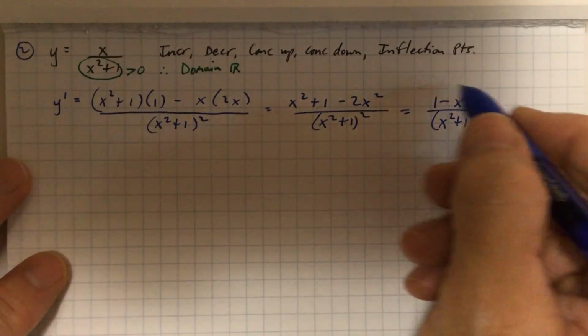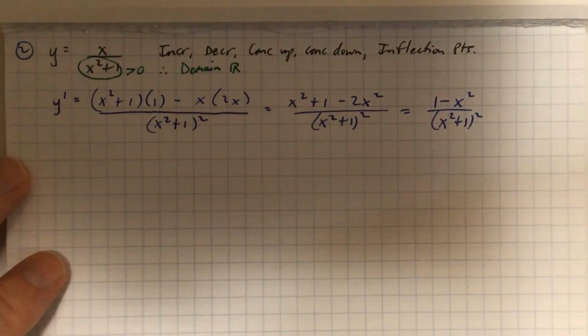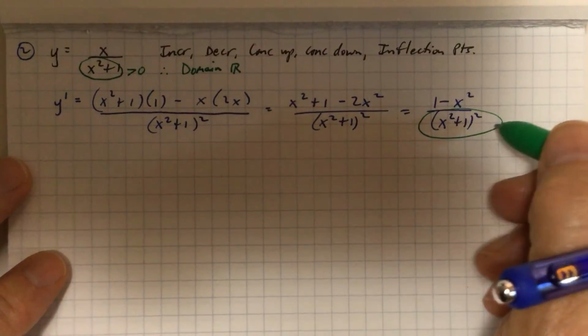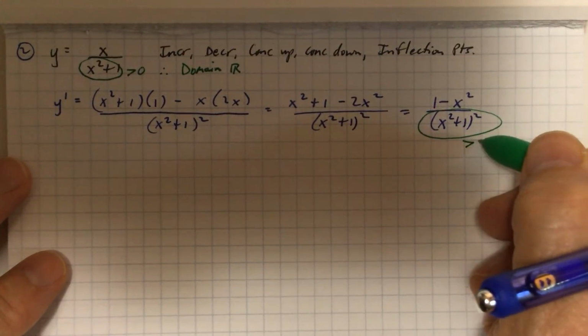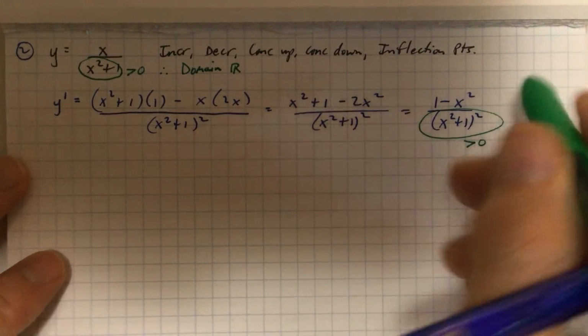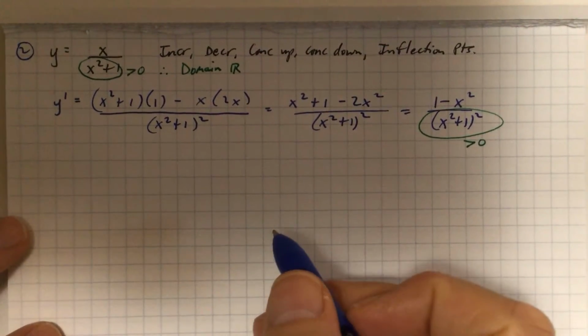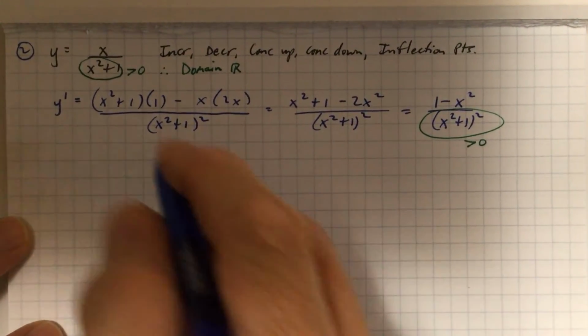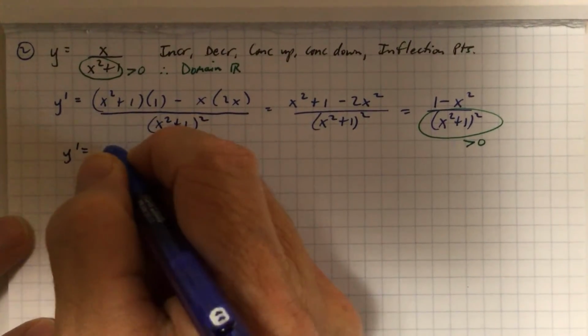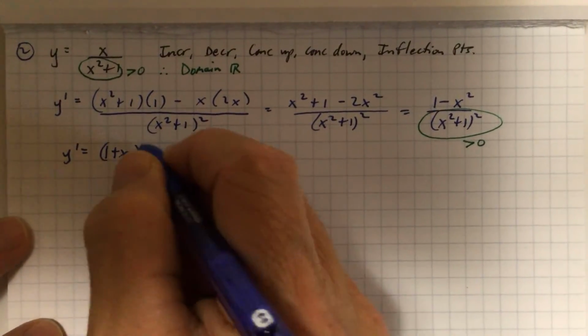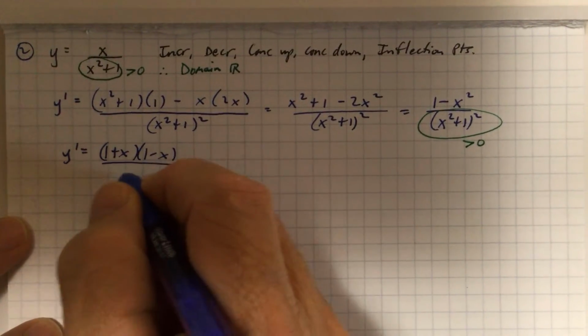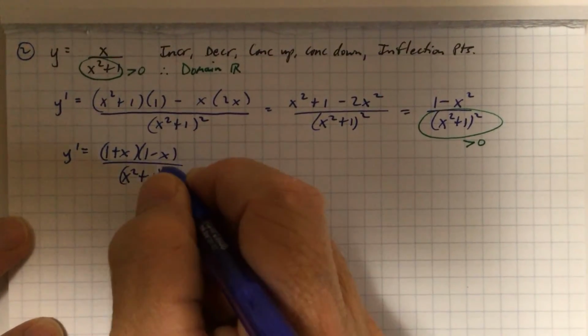So let's simplify the numerator again. The denominator of the derivative will always be a positive number, and therefore the derivative equaling 0 will only occur when the numerator is 0. So let's write 1 plus x and 1 minus x all over x squared plus 1 squared.